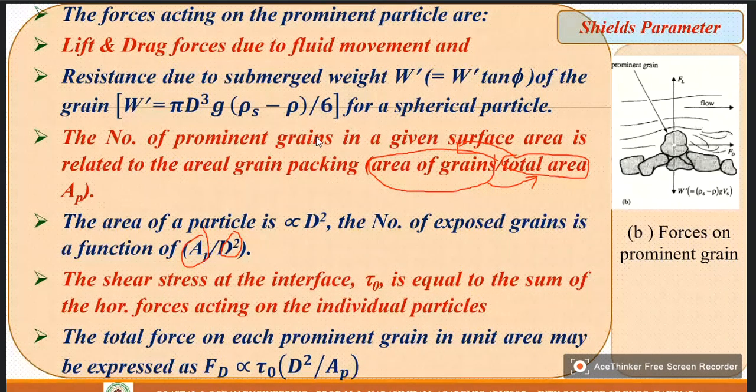So the stress at the interface, tau naught, the shear stress, is equal to what? It is the sum of the horizontal forces acting. So what are these horizontal forces acting?